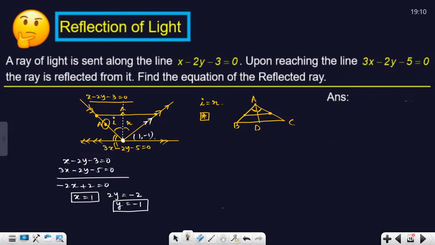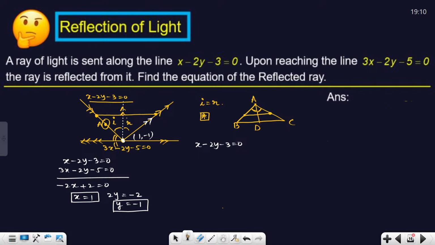So what I will do is simply find a point on the incident ray by inspection. This is the shortcut way I'm telling you. If we can find a point on the incident ray, we can easily find its image, and the image will definitely fall on the reflected ray.